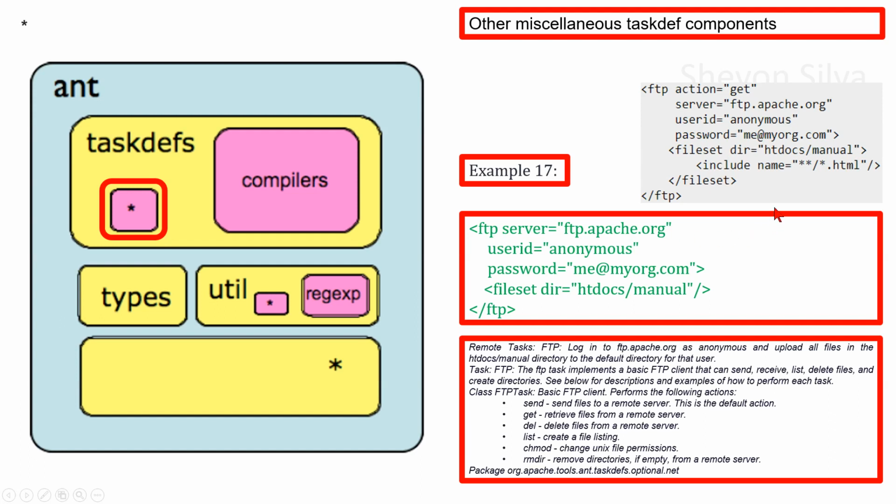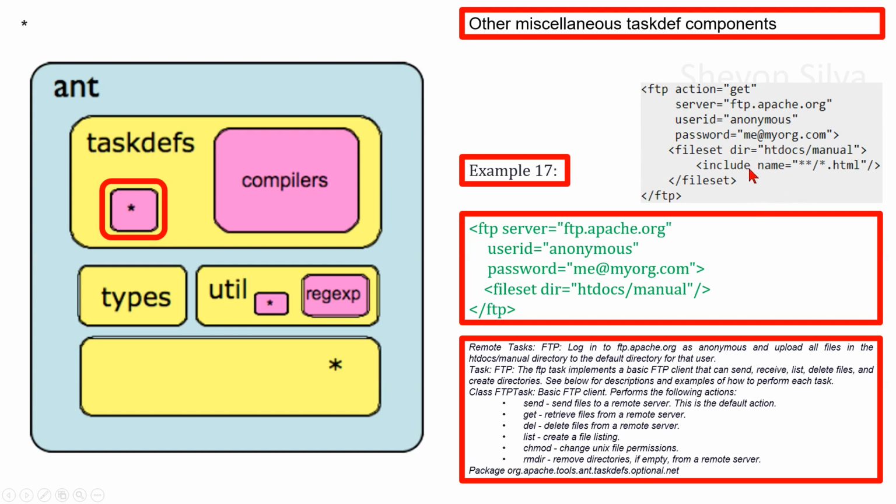Here, getting files from an FTP server works pretty much the same way as sending them does. The only difference is that the nested filesets use the remote directory, the remotedir attribute, as the base directory for the files on the FTP server.